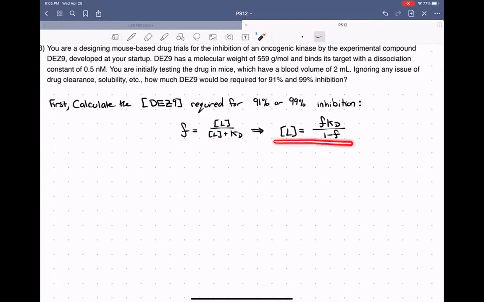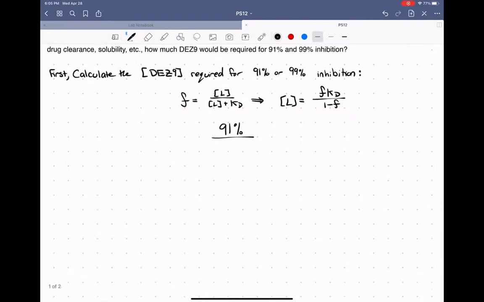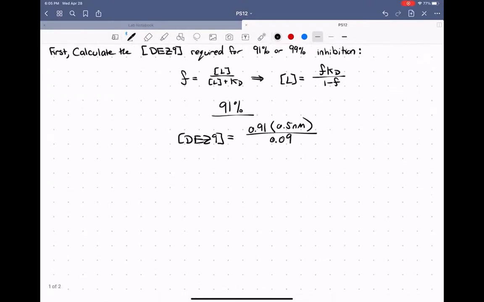Solving for L, you get F KD over 1 minus F. For 91% inhibition, the concentration of DES9 is equal to 0.91 times 0.5 nanomolar over 1 minus F, which is just 0.09. This equates to 5 nanomolar.